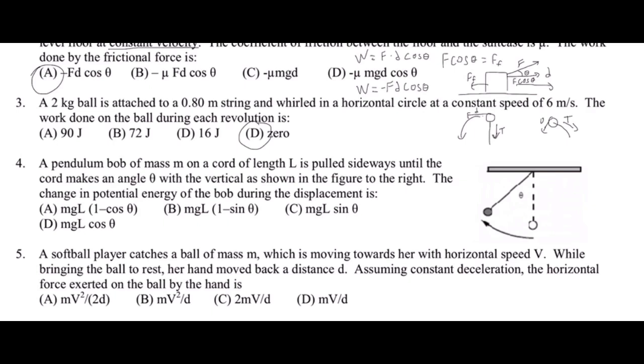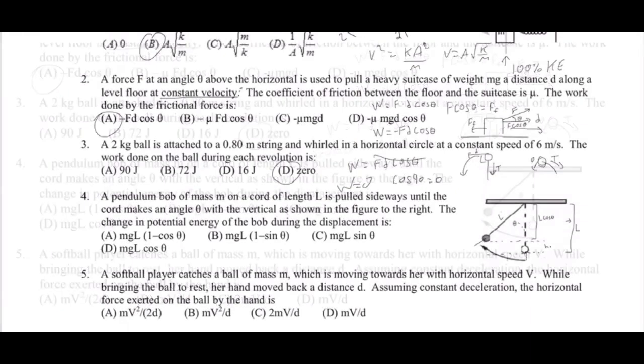So there's a 90-degree angle here, 90-degree angle here. If we think about work equals F d cosine theta, a 90-degree angle means we have cosine of 90, and cosine of 90 is equal to 0, which would make everything equal to 0 here, and work would be equal to 0.